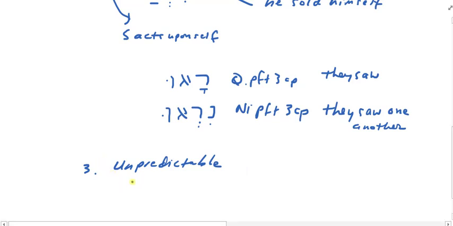Many times, there'll be a verb that you'll run across that doesn't have any qal form at all. It's never used in the qal stem, but it's used in the nifal stem. And it'll have a particular meaning in the nifal stem. And so, when that happens, how are you going to know what it means? Well, you have to look at your lexical entry. You have to look at your lexicon, or you have to look at your vocabulary lists and find out what that verb means in the nifal stem.